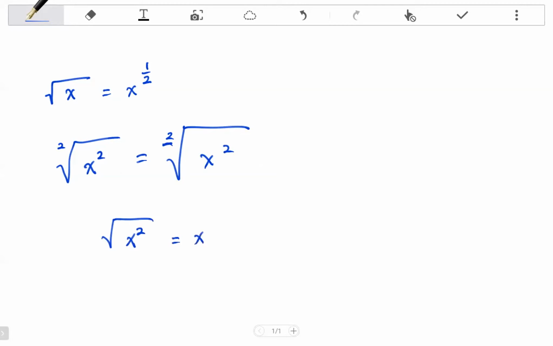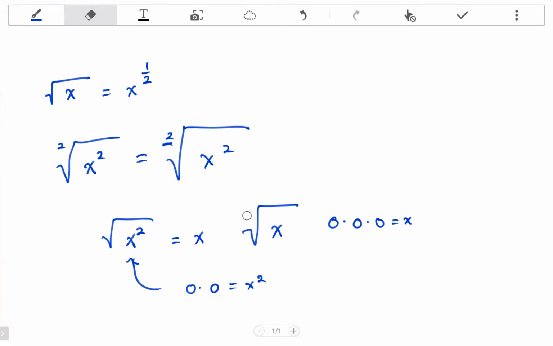In this case, it's just x, but what if there's a 3 there? And let's say it's x. Then the meaning changes. The meaning is what times what times what equals x. So something times something times something equals x. Whereas in this case, it's something times something is x, or x squared in this case. So this number is actually very important, and we can change it to 4 or 5 or any number we want.